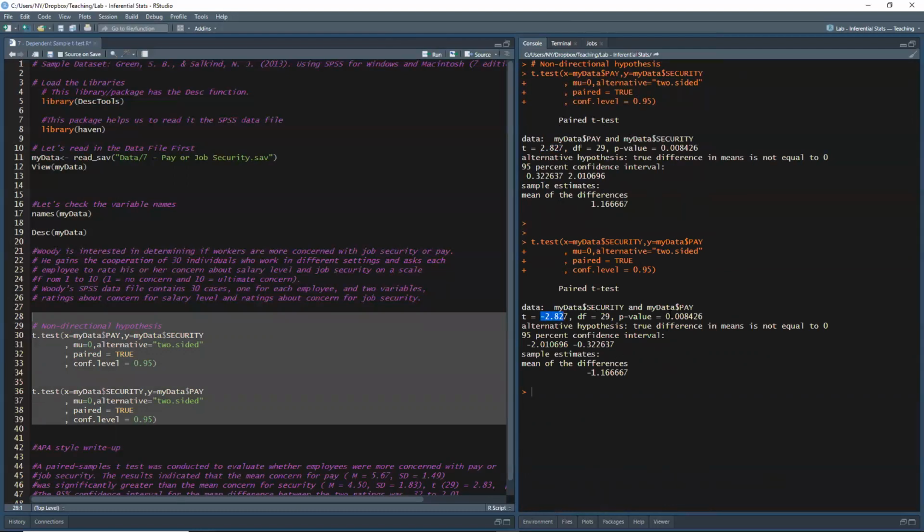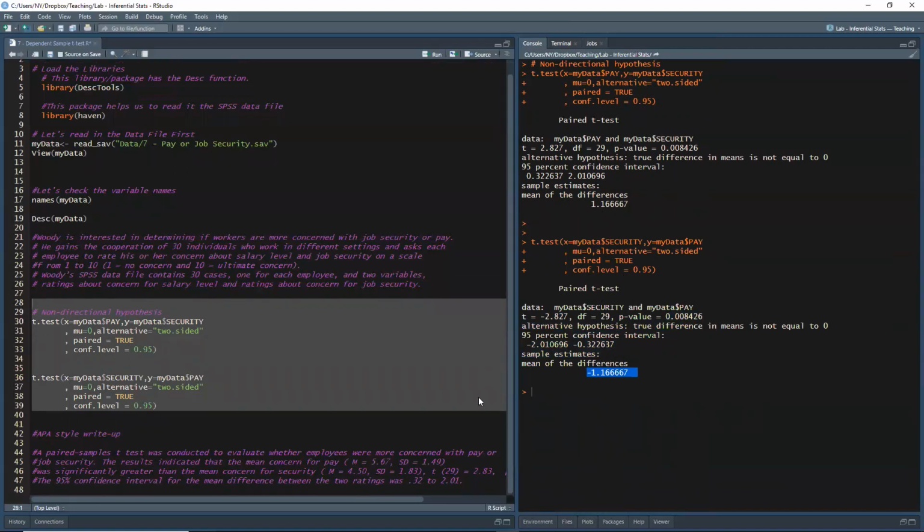But in terms of the final decision about whether this is significant or not, the p-value is the same, degrees of freedom is the same, the confidence interval is the same, but the sign changes, and this time the mean difference is negative. So we basically reach the same conclusion. So it doesn't matter whether you put the one variable first versus the other variable first.